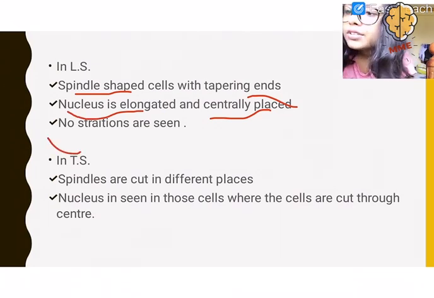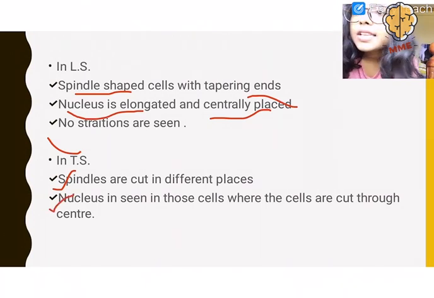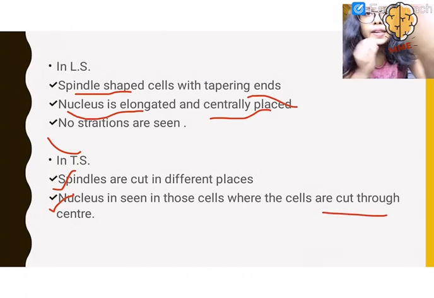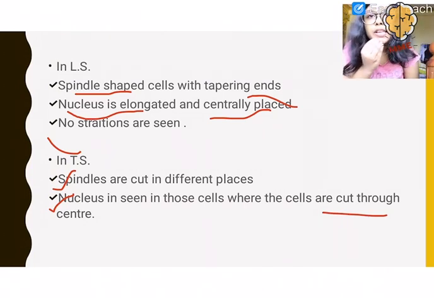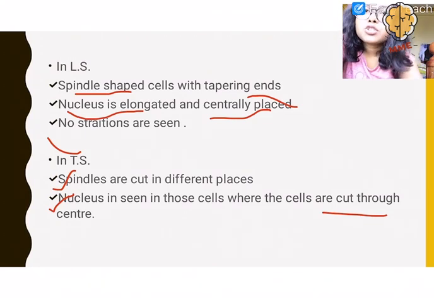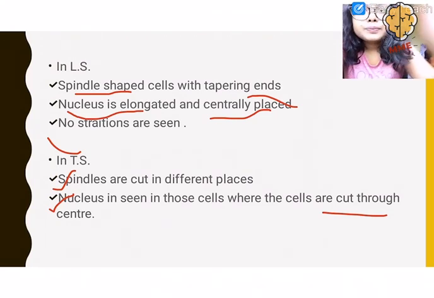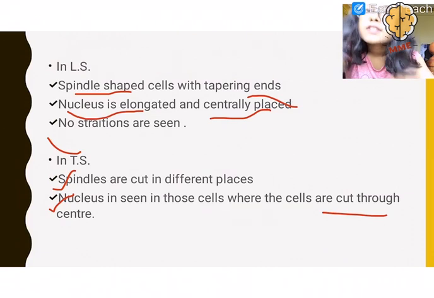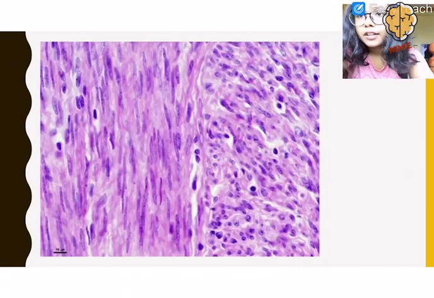In transverse section the spindles will be cut in different places, and hence the nuclei will be seen only in those cells which are cut through the center. Okay, because when we come to the other cross sections of the tissues, you will see the shape of the smooth muscle will change because the sections will change in which they are cut.